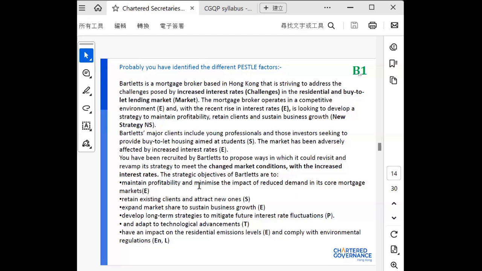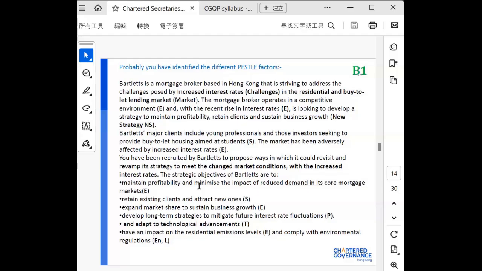So this is a social factor. Again, it is about the increased interest rate, economic factors. So you are recruited and you have to revamp the strategies to meet the changing market conditions.